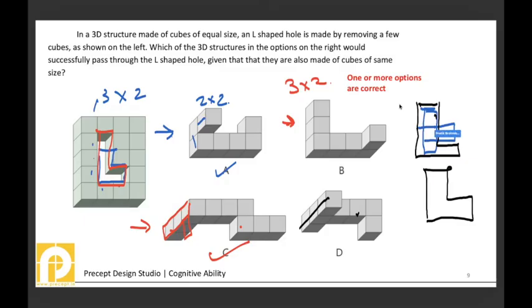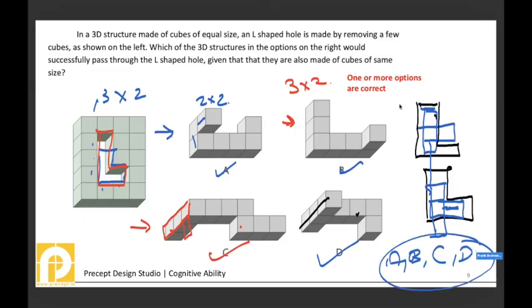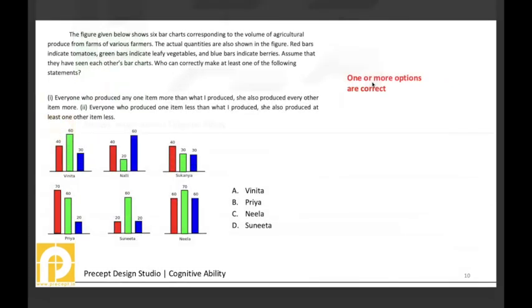We'll actually shift this piece bottom like this. And then allow the remaining two parts to move through. So correct answer also is D. Correct answer is A, B, C, and D. All four are correct here. We'll move to the next one.